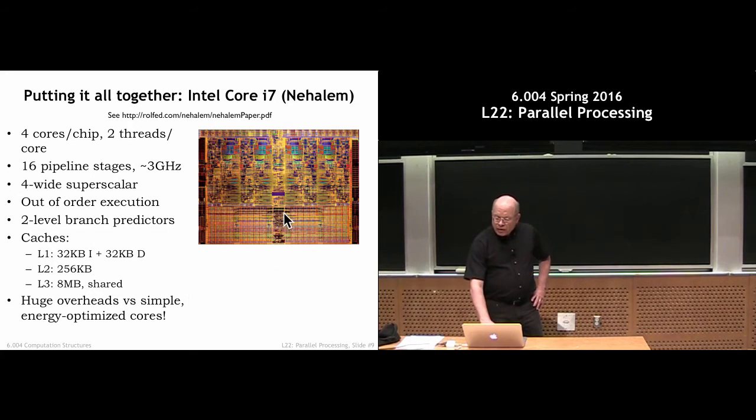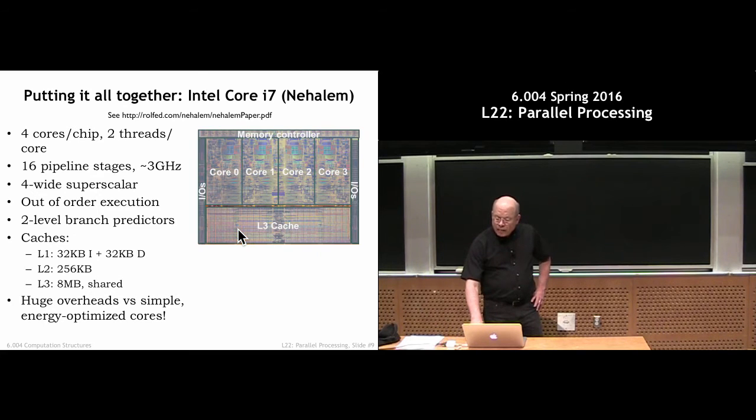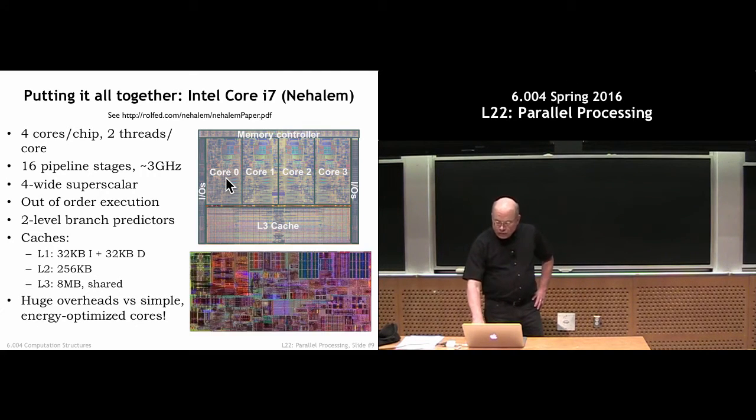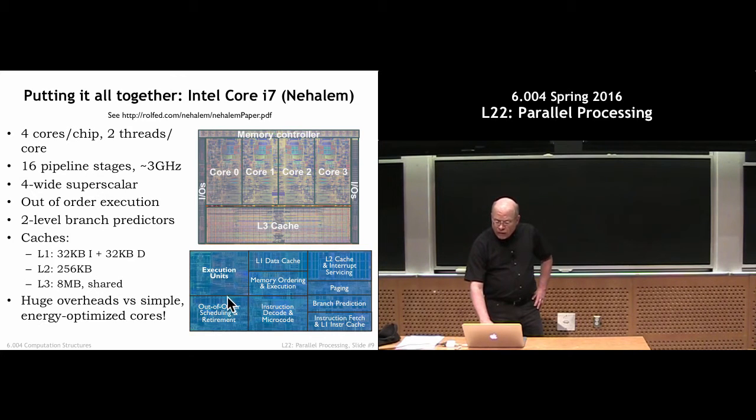Here's an interesting picture. This is actually a picture of a Core i7, a Nehalem. There are 4 cores here with a huge L3 cache, so you have a 4-core processor. This is an actual picture of one of those cores. Here's all the different pieces.